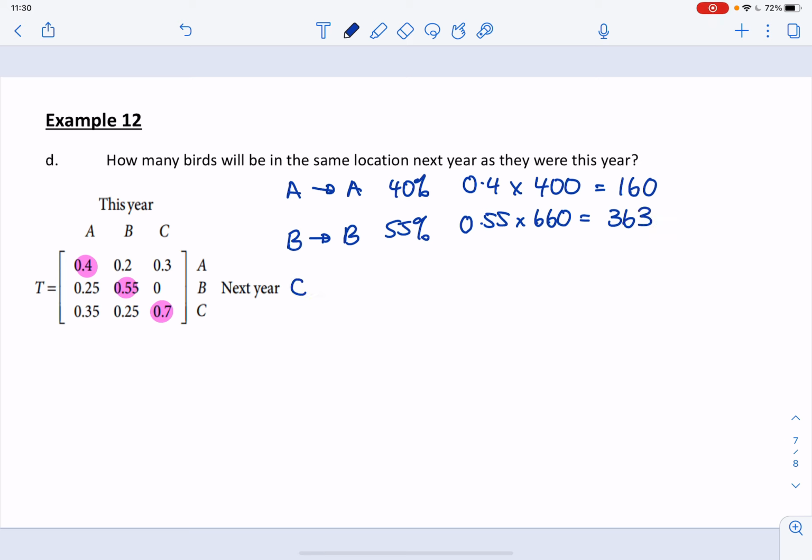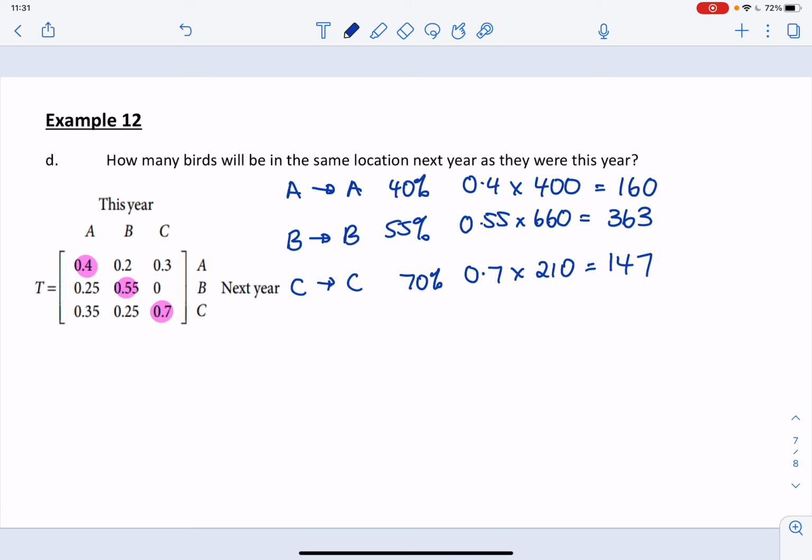Now the birds staying in location C this year and next was 70% of the birds. We did this in part B, or part A, can't remember. It was 0.7 times 210, and that will give us 147 birds.